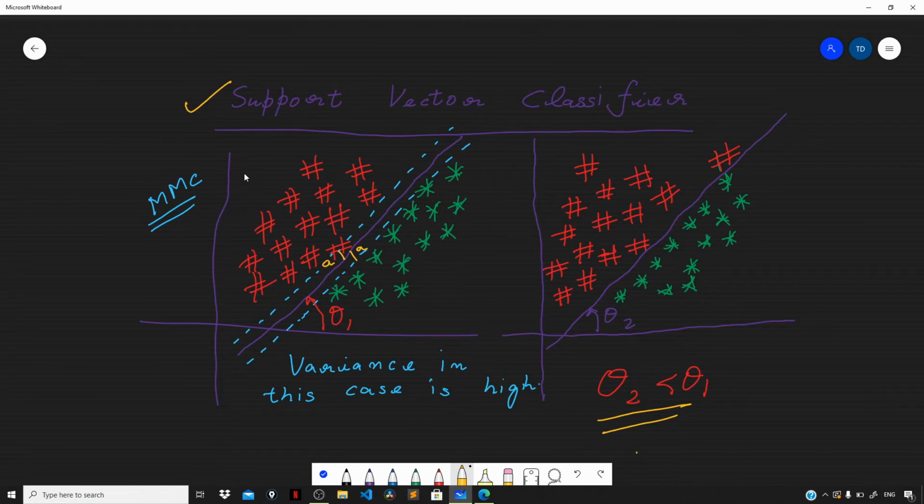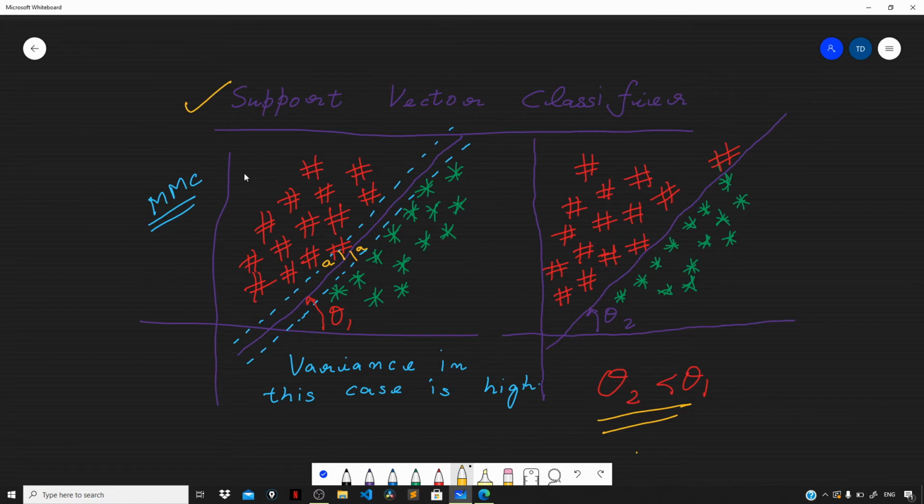So in case of support vector classifier, the classifier doesn't try to distinctively and perfectly separate the two classes like we are doing in maximum margin classifier, because it understands that if it does so, just like the maximum margin classifier, the variance will come out to be high.